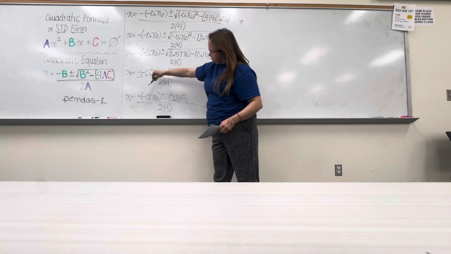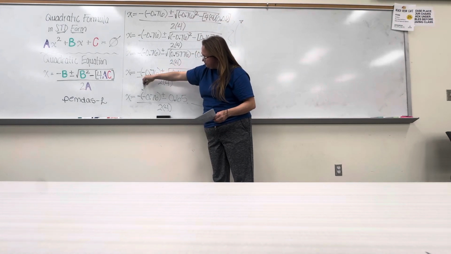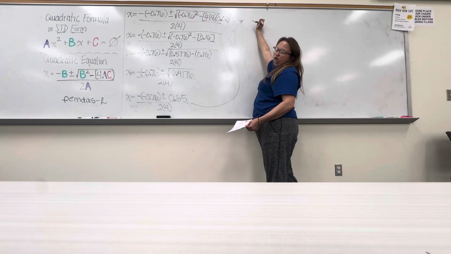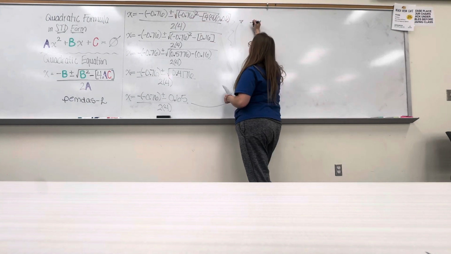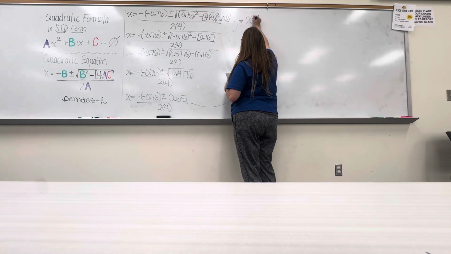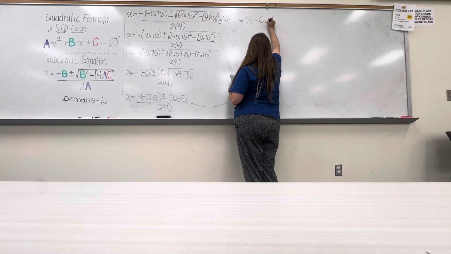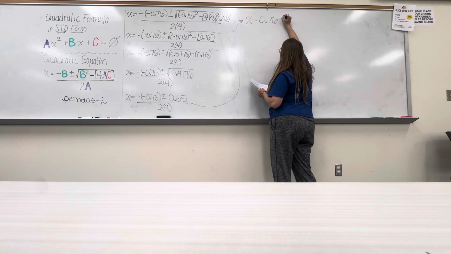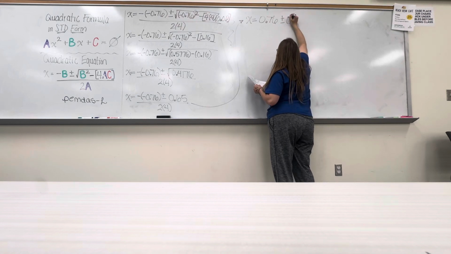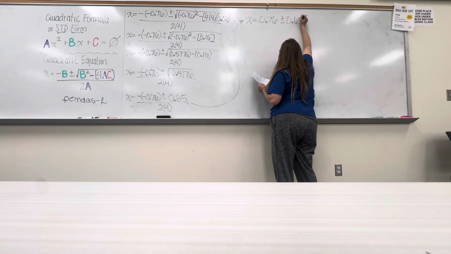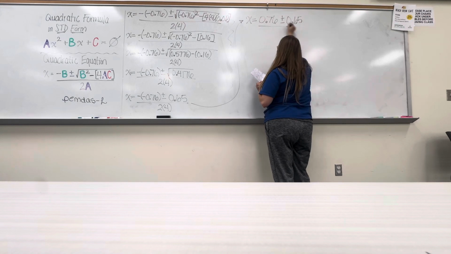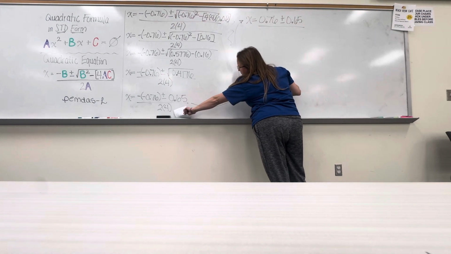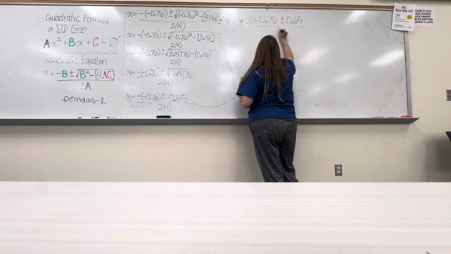Let's go ahead and express this negative of a negative, okay? So that -1 multiplied by negative 0.76 gives you a positive 0.76 plus or minus 0.65 over, let's go ahead and multiply that 2 times 4, that's 8.